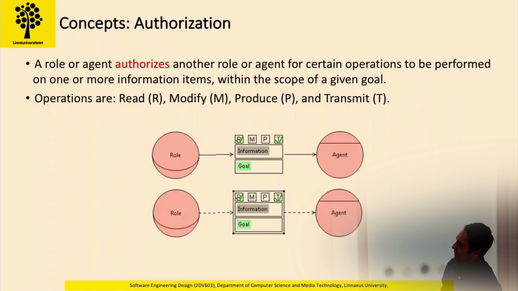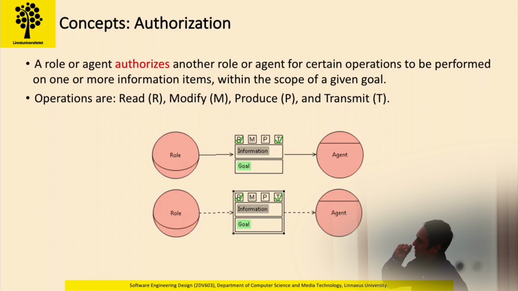Authorization, as I mentioned before, we have the social view, the information view, and then the authorization view. The authorization views are shown like that, or the notation is like that. When we are delegating a goal, let's say a role is delegating a goal to an agent, it might also include some information. When delegating a goal, we have to check if that person is authorized to perform this goal, and also if that person is authorized to access this information.